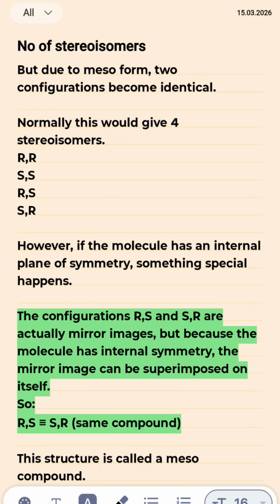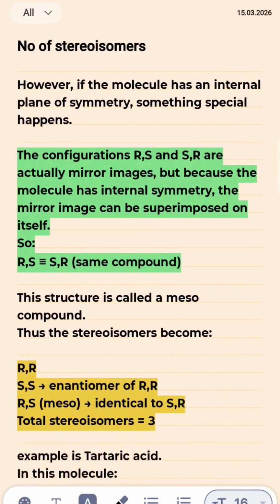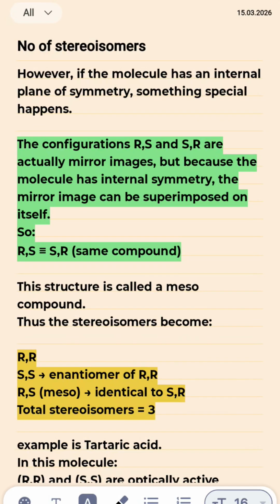However, if the molecule has a plane of symmetry, what special happens? The configurations RS and SR are actually mirror images. But because the molecule has internal symmetry, the mirror image can be superimposed on itself, because within the structure of the molecule there is a plane of symmetry that divides the molecule into two identical parts.